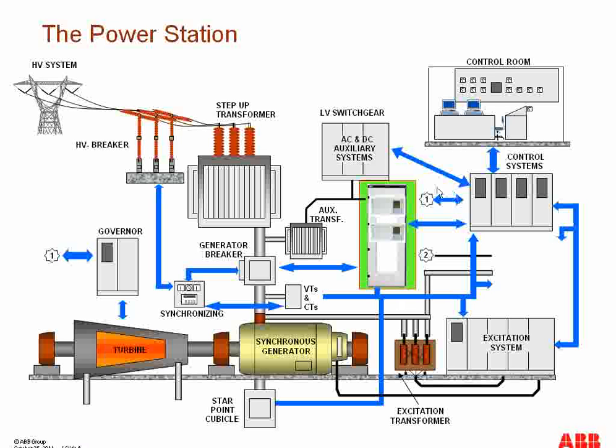We have the control systems, then we have the AC/DC auxiliary system, and that system is being fed by the auxiliary transformer. We have a generator breaker over here, and then we have the GSU, generator step-up transformer, for the generating station, and then the GSU is connected to the high voltage transmission system. So this is the overall structure of a power station shown in this picture.